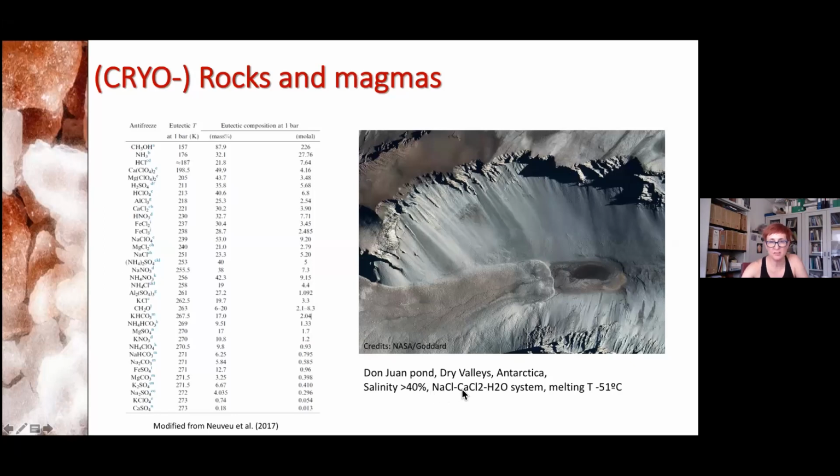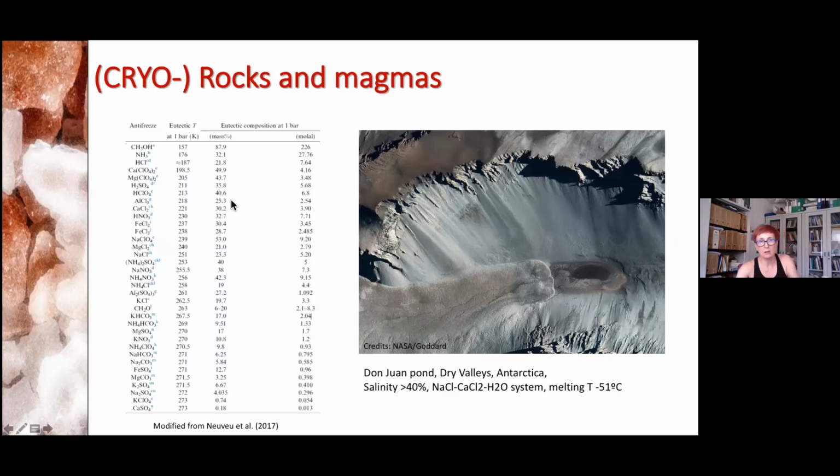With this system, sodium chloride, calcium chloride water can maintain liquid the water at -51 degrees Celsius. So these compounds can form different phases in solids and liquid state, involving very interesting thermodynamical changes.